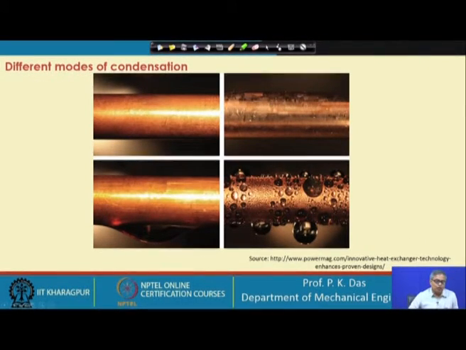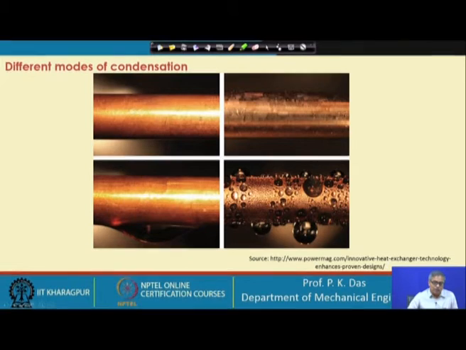Here I am showing condensation on the outside of the tube. You see this particular diagram, here you cannot see anything, but here condensation is taking place. These tubes may not be your condenser tubes, these are copper tubes for laboratory experiment or maybe refrigerant application.